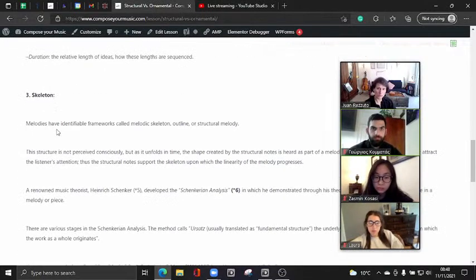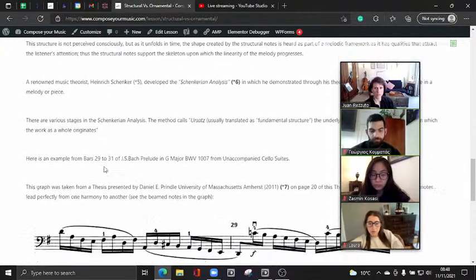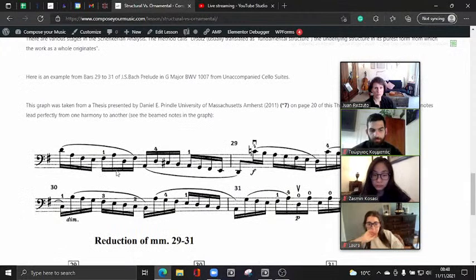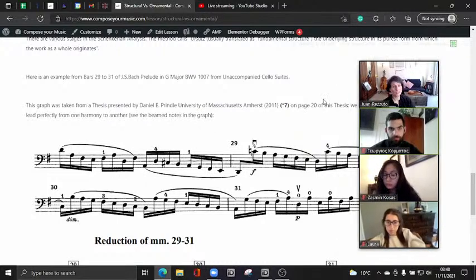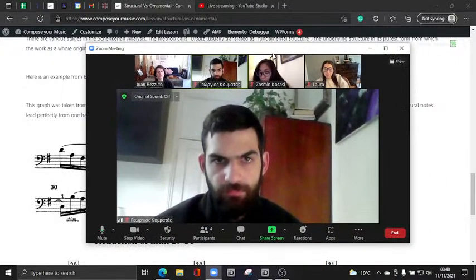And the third one is the structure, the skeleton of the motif, which is connected to certain notes that are seen as structural. This is very well connected to counterpoint, which are the pieces that we're going to connect, if we have to connect.